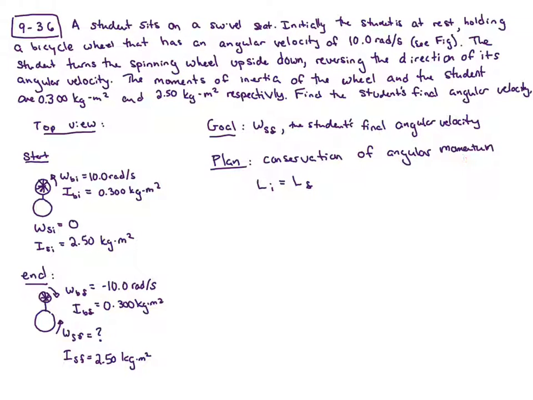Conservation of angular momentum. The total angular momentum of the person and the bicycle tire before is equal to the total angular momentum of the person and the bicycle tire after. Now, before using conservation of angular momentum, I do want to check that this is an isolated system. I'm thinking about the student and the bicycle tire, and the chair, I suppose, is part of the student's moment of inertia.